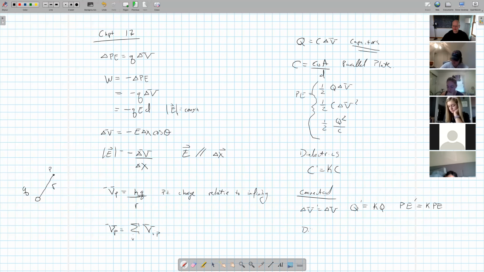When it is disconnected, the charge stays the same, the potential decreases, and the energy also decreases. Okay. That's okay?